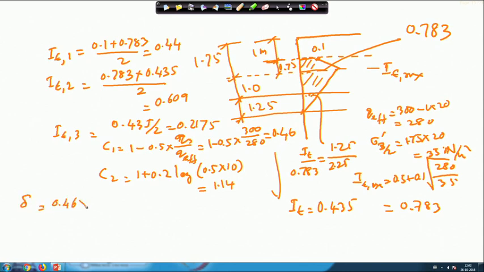Then delta becomes 0.46 multiplied by 1.14 multiplied by 280, that is outside of the expression, and this will be 3 components.